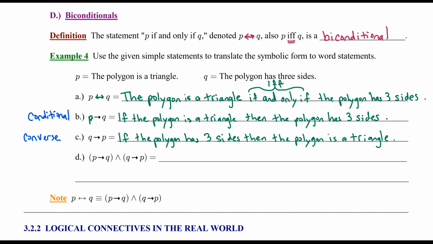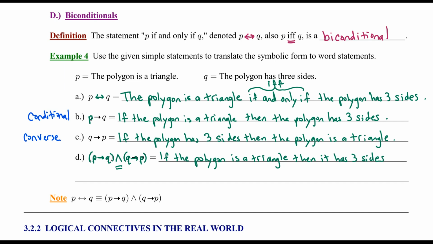Now, let's look at our last example. You ready for this one? It says, if P, then Q, and if Q, then P. Let's translate that. So we are basically translating a conjunction. Let's start with the left-hand statement. The left-hand statement is the conditional, if P, then Q. If the polygon is a triangle, then Q, it has 3 sides.